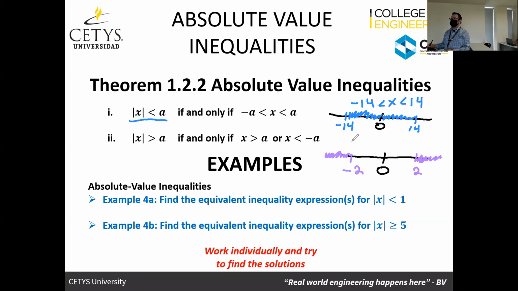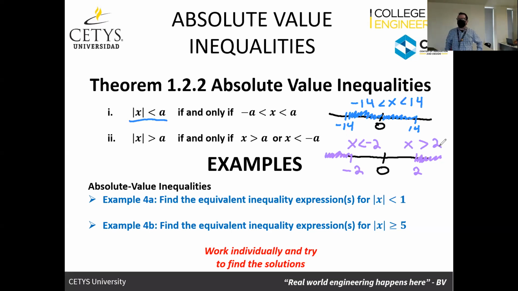And so that means that x is less than -2 and x is larger than 2. Those are the two situations that we're going to have, and we're going to separate the inequalities depending on that.